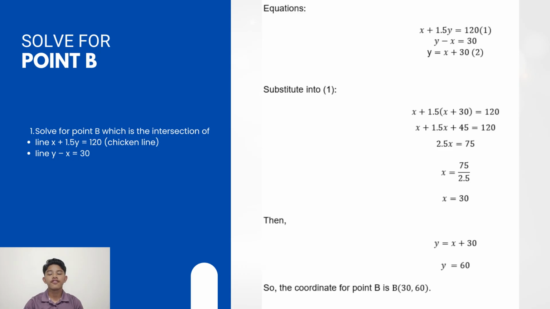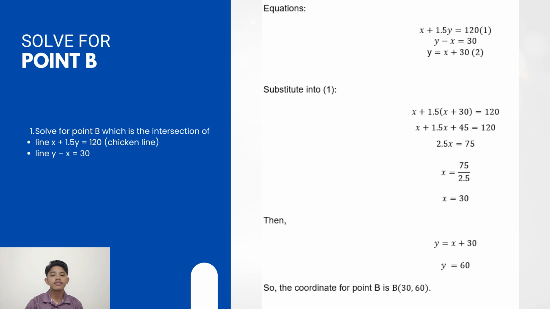To solve for point B, we need to first write down the equations that we got, which is x plus 1.5y equal to 120, and also y minus x equal to 30.